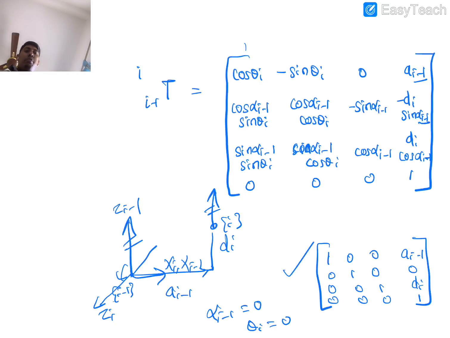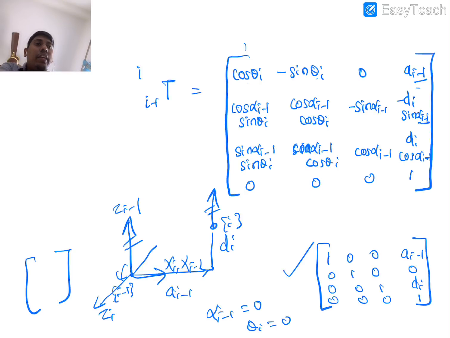The zi would fall on the y axis, but it is the opposite y axis, right? And the y axis would be coming in the positive z, so that you can cross check. So you substitute, this is 0, this is 1, 0, and a would be 0, and here alpha is 90, so this becomes 0.